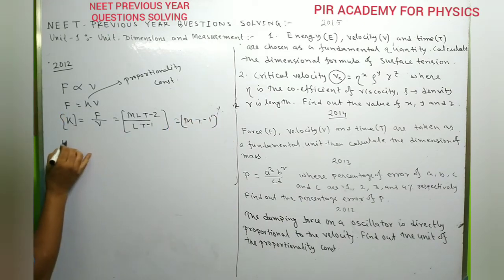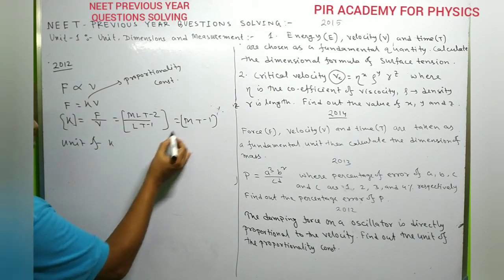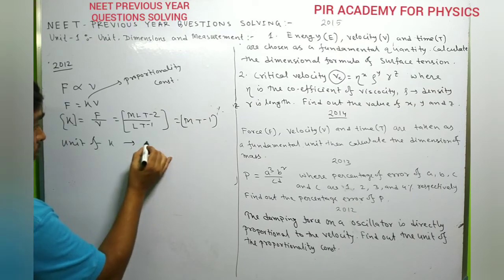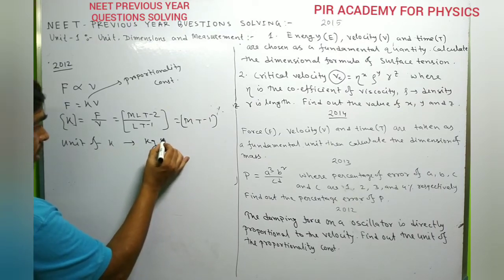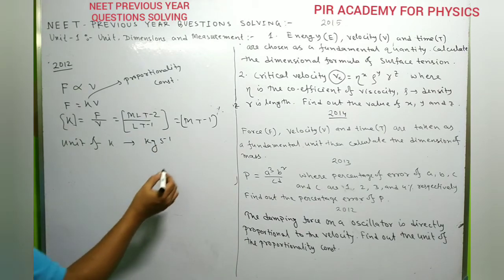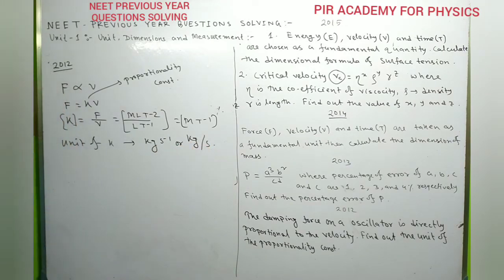So the unit of k will be, here is mass, so this is kg, and here is second, so second inverse, or kg per second. This is the question of 2012.